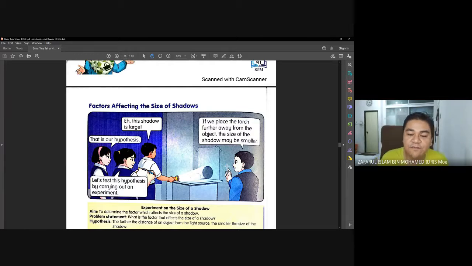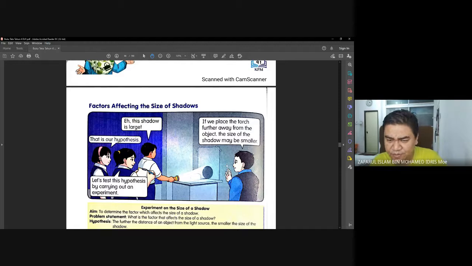Okay, look at the situation. The first student said, this shadow is large. Besarnya shadow tu. So the second student said, if we place the torch further away from the object, the size of the shadow may be smaller.